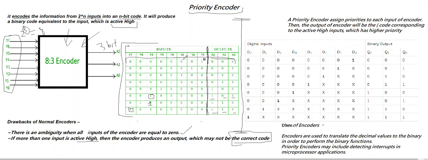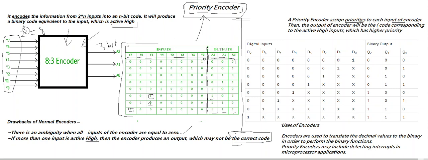Now, how do we overcome this difficulty? We can overcome it using a priority encoder. So let's understand what a priority encoder is. A priority encoder assigns priorities to each input of the encoder.